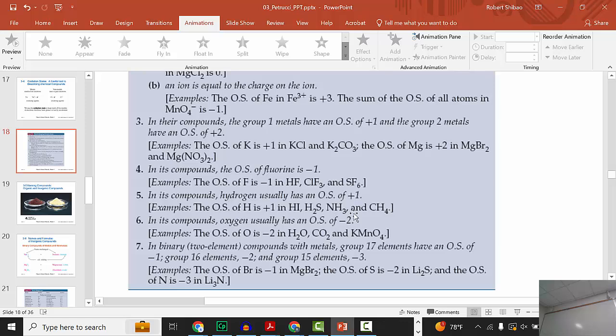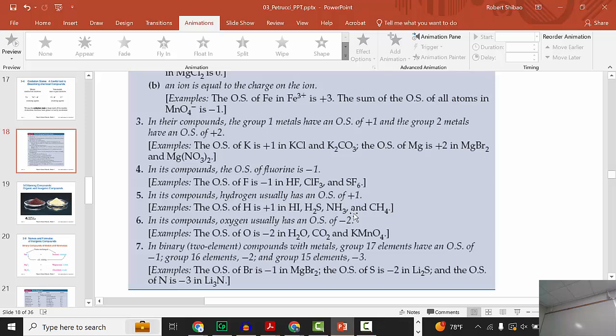I shouldn't say always +1 because there's another hydrogen ion, and that's hydrogen with a -1 charge. So hydrogen with a +1 charge is called hydrogen ion. Hydrogen with a -1 charge is called hydride ion. And if we follow this sequence, then we'll know if we have hydrogen with +1 or -1 because of the sum. And we're going to use the sum rule number 2 to help us figure it out.